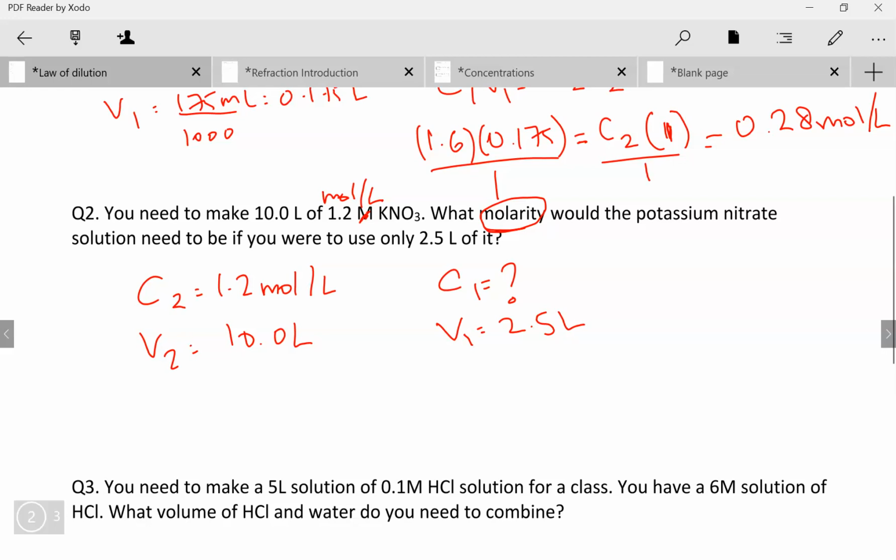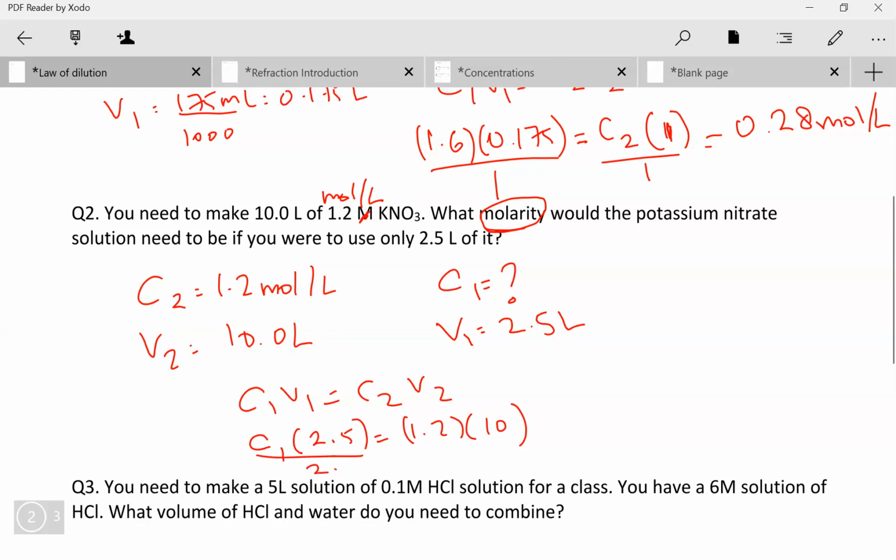So again, I'm going to do C1V1 equals C2V2. I'm going to leave C1 blank because I still don't know what that is. V1 is 2.5. C2 is 1.2. V2 is 10, and therefore I divide both sides by 2.5 so I can get rid of the 2.5 from the C1.